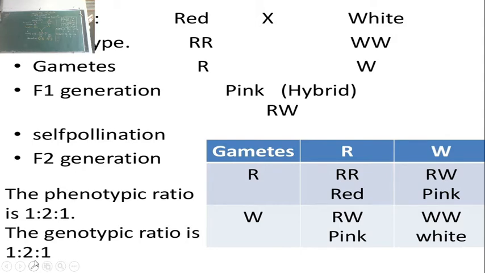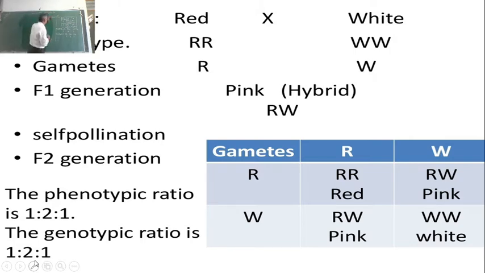Were you able to take this incomplete dominance? Any question on this? This is said to be a deviation from Mendelian inheritance. Why do we call it a deviation from Mendelian inheritance?